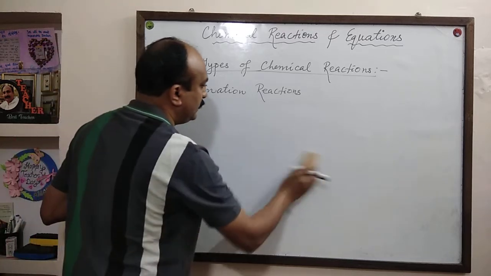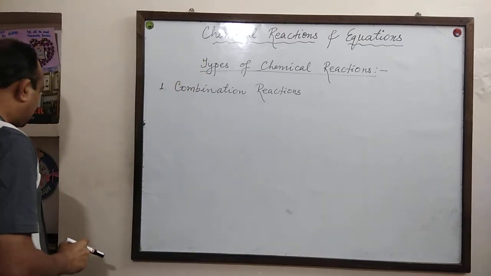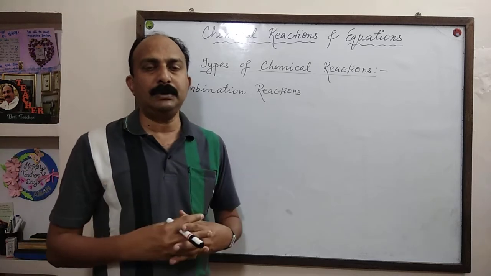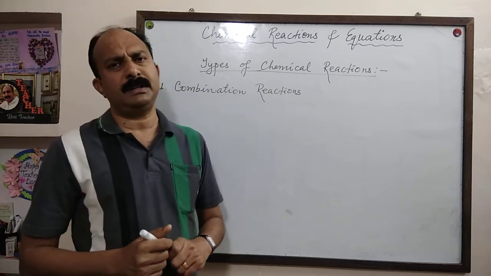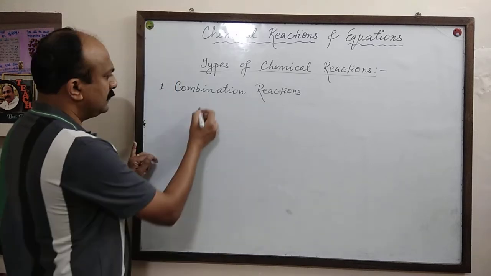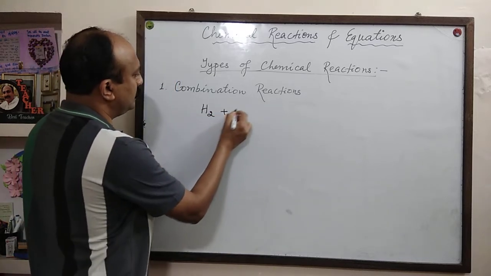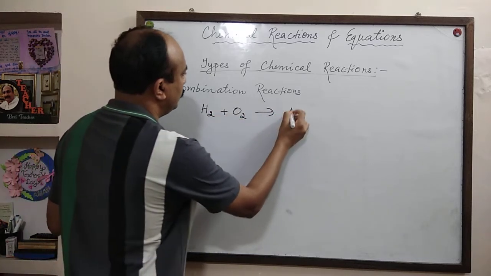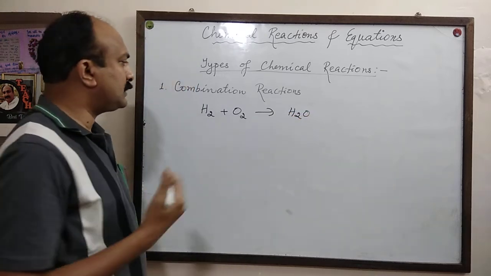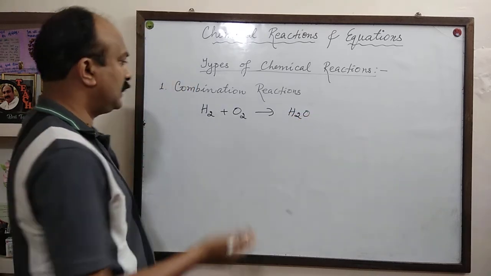So as I told you, in combination reaction, two or more substances combine together to form a single substance. So many examples are there. One example, H2 plus O2 gives H2O. Combination of hydrogen and oxygen gives water.